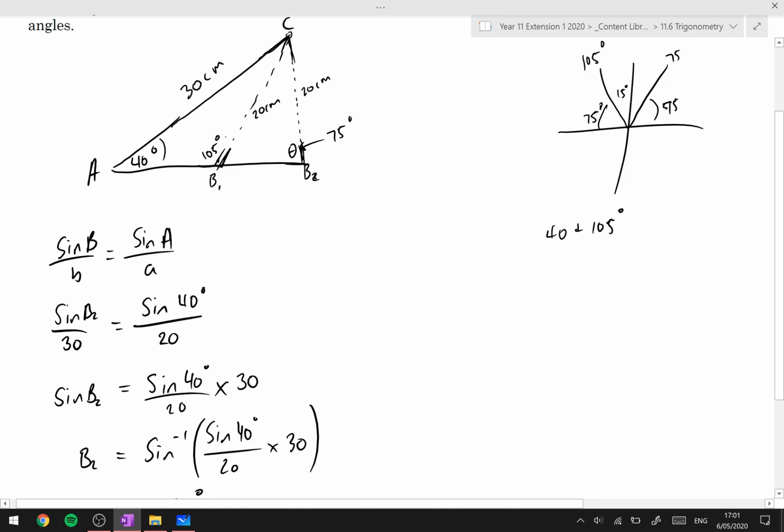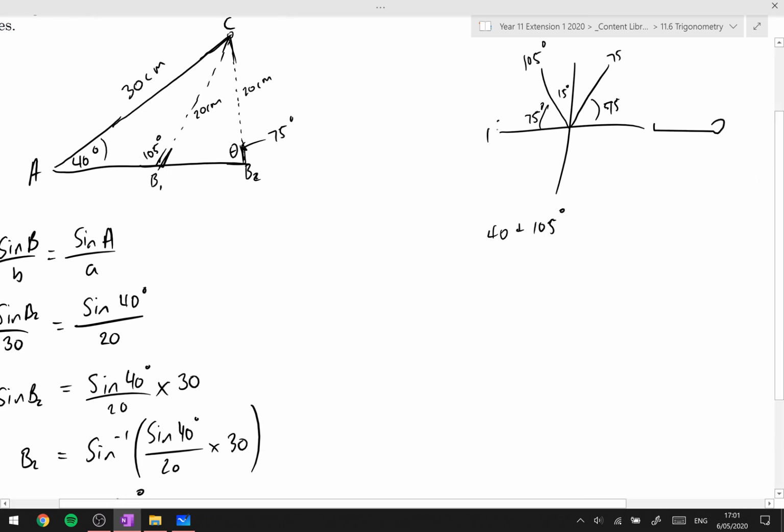So I don't actually have to do any of my sine rule, because I'm just using the fact that the related angle, this one in here, is 75 degrees, and that the related angle here is equal to 105 degrees. Remember, sine will always have two answers between 0 and 180 degrees.